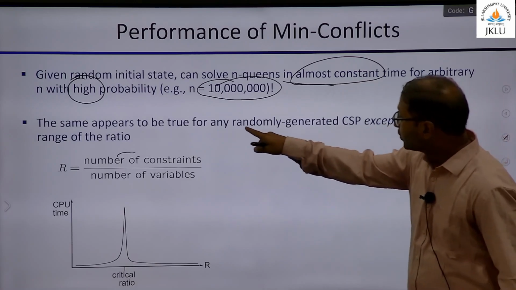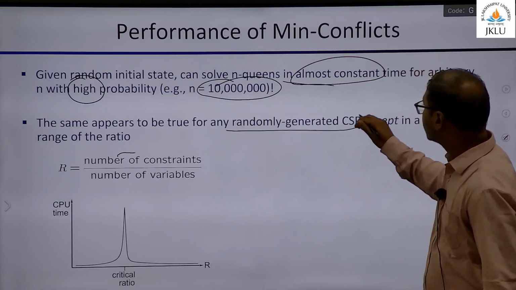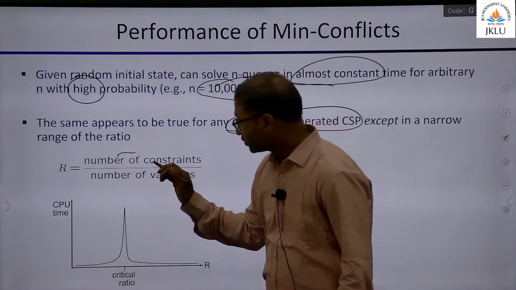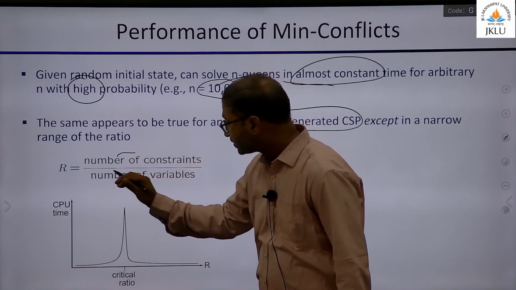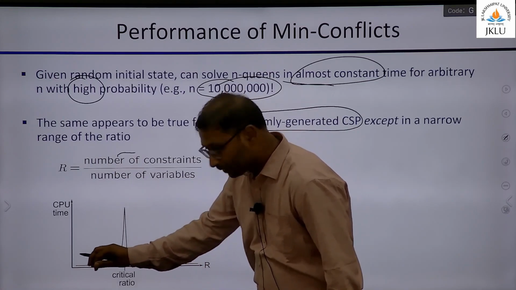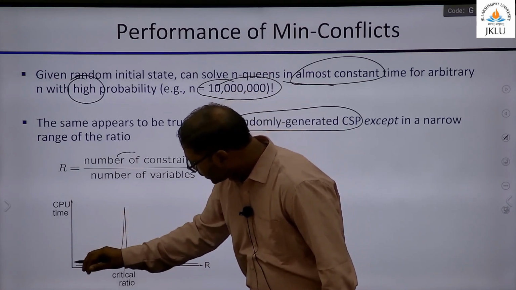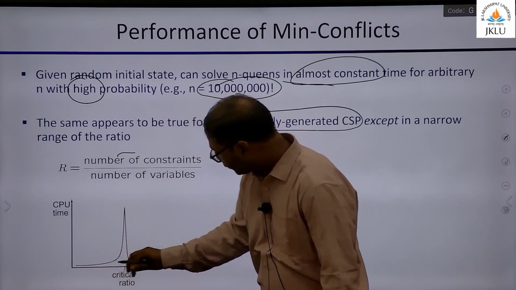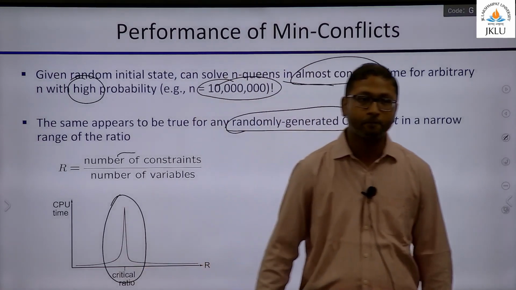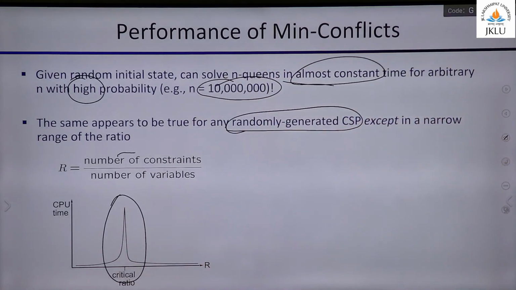The same appears to be true for any randomly generated CSP, except in a narrow range of ratio where the number of constraints divided by the number of variables takes some value r. Okay. So CPU time, that means time complexity, for every other value is fine, but there exists some ratio for which the problem still becomes, so you can't solve it in a time lesser than exponential.